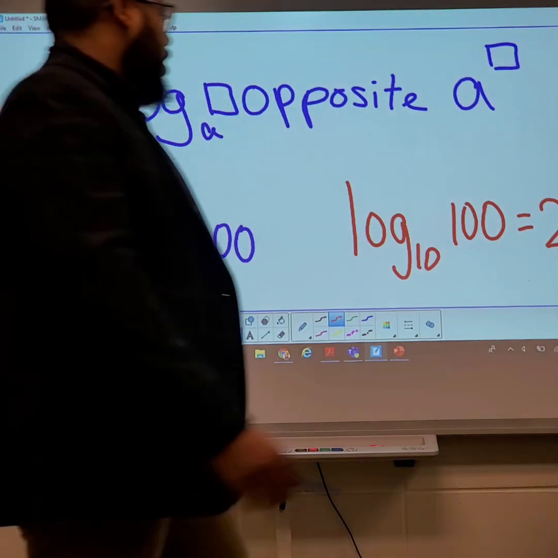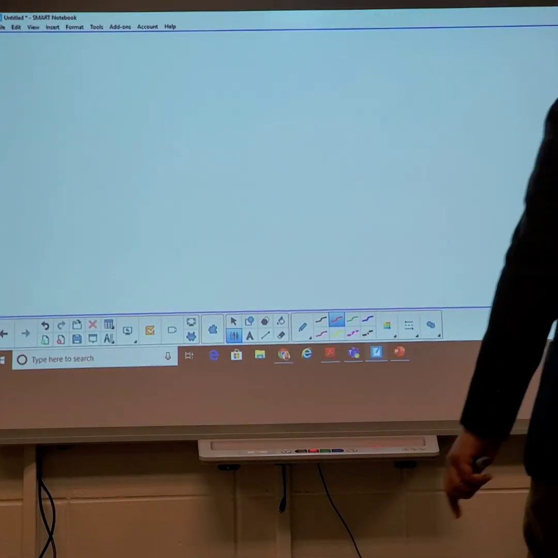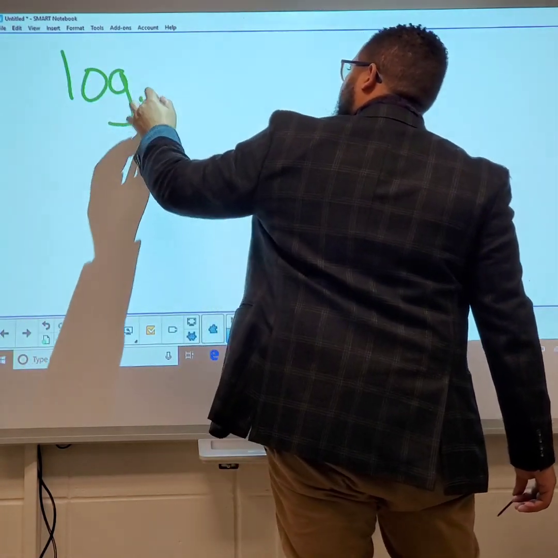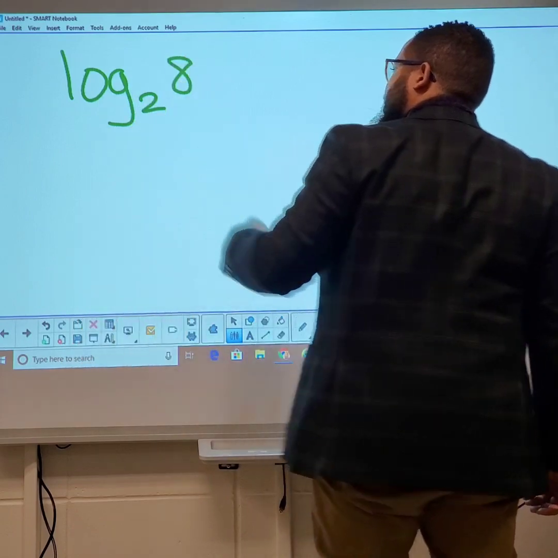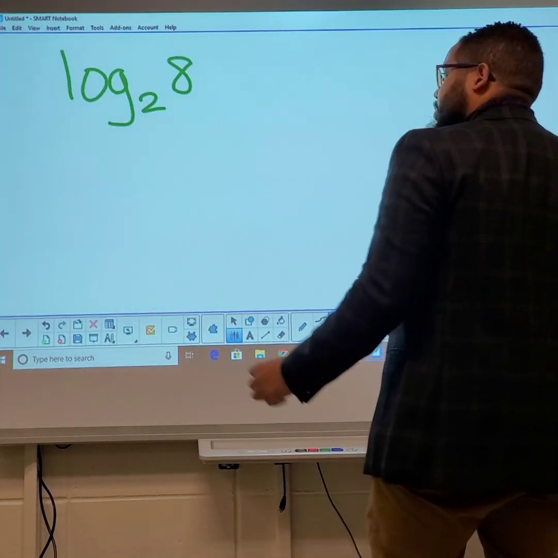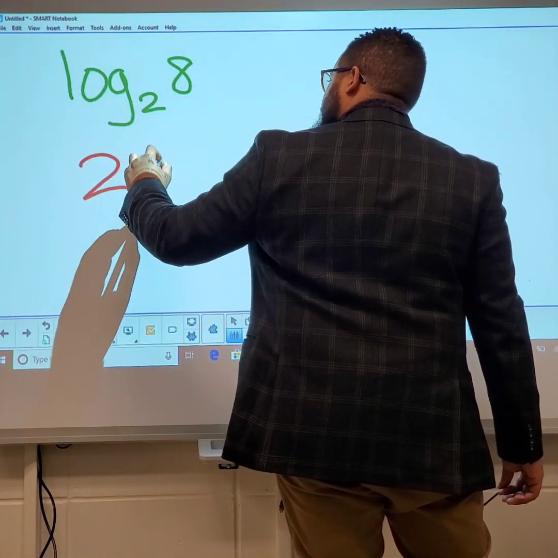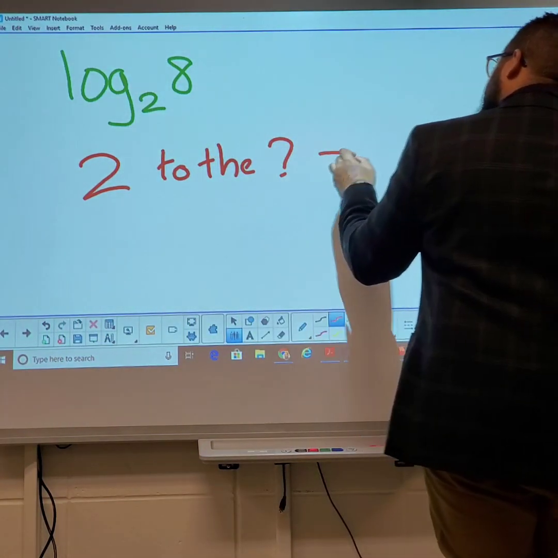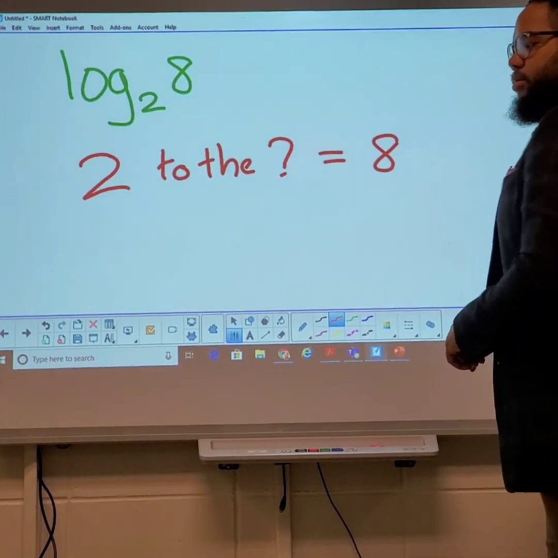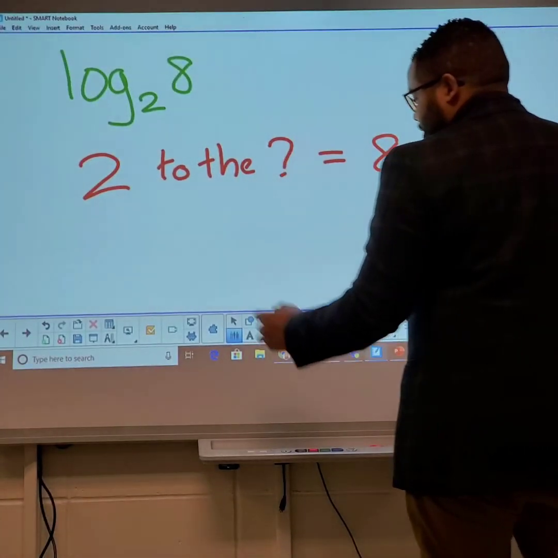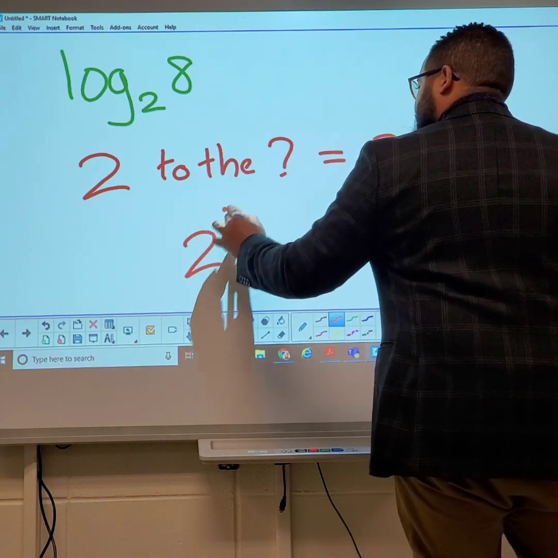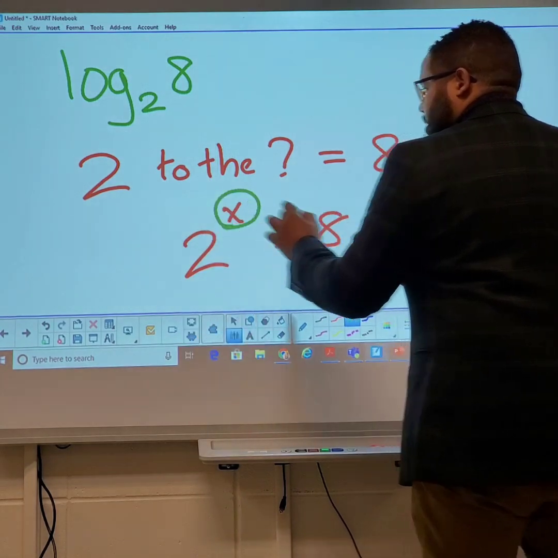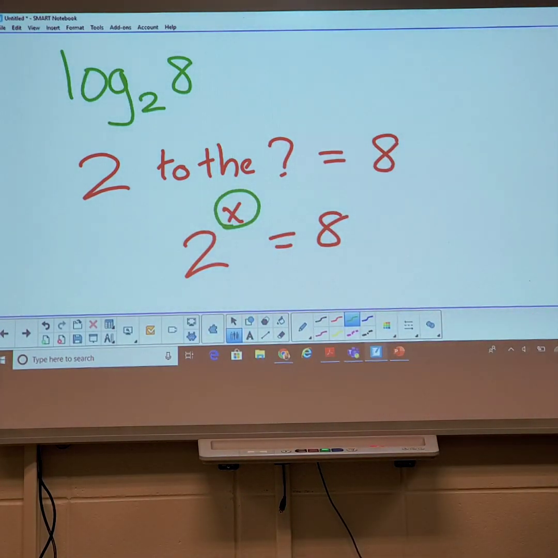So when you're taking the log of something, if I'm taking log base 2 of 8, I'm asking the question, 2 to the what equals 8? Or essentially, we like to find x, 2 to the x equals 8. That's the question we're asking ourselves.